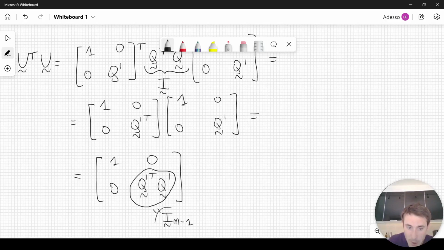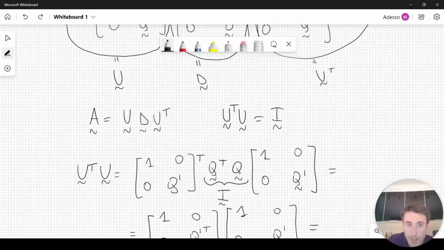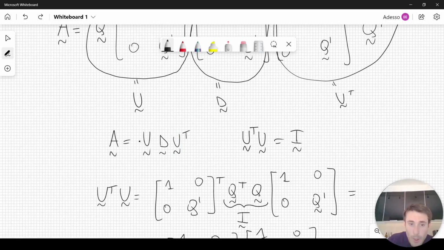So this will be an n-1 by n-1 identity matrix. But now when we add this column and this row, we get the n by n identity matrix, and therefore this completes the proof, which we will also use in the next video to derive the proof of the singular value decomposition.